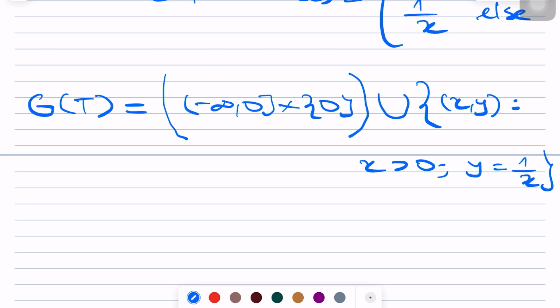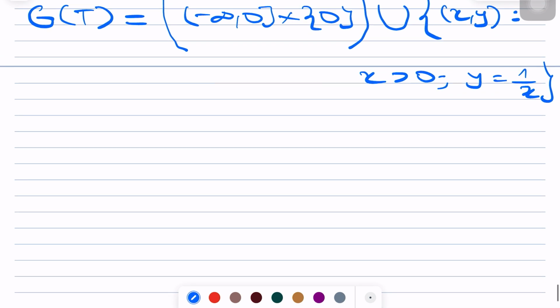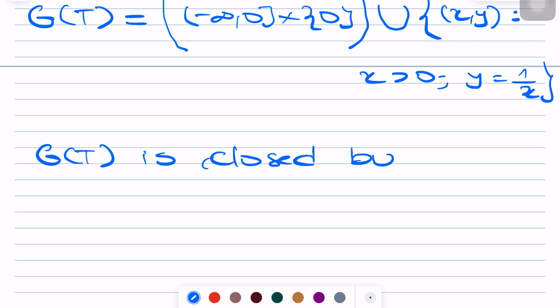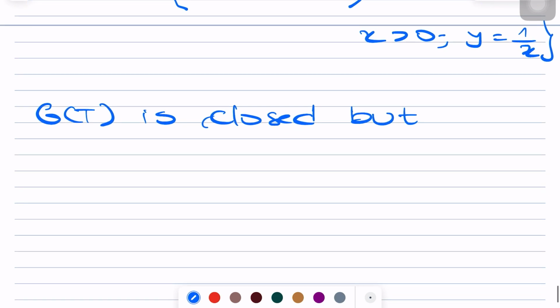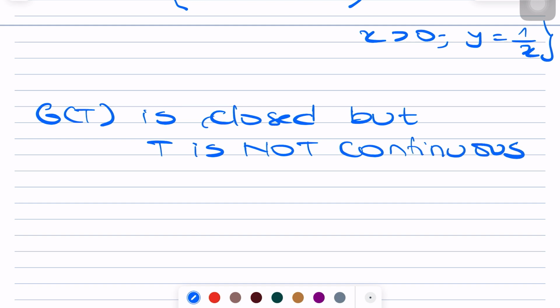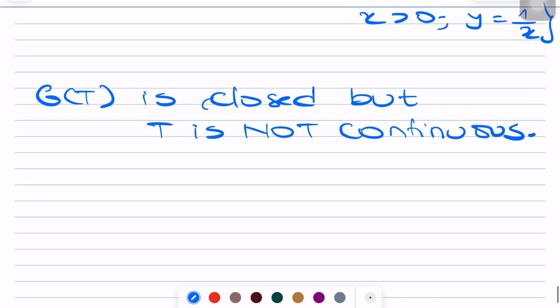The graph is closed, obviously, being a finite union of closed sets. So this is closed, but see, it's not continuous.